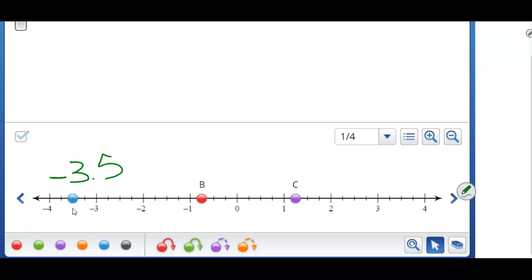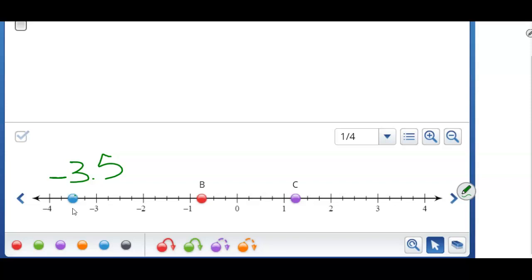What do we think? Do you agree? Good. I agree as well. We have negative 3. This is in between. It's broken into fourths. This is 1/4, 2/4, 3/4, a whole. In between there, a half is 0.5.